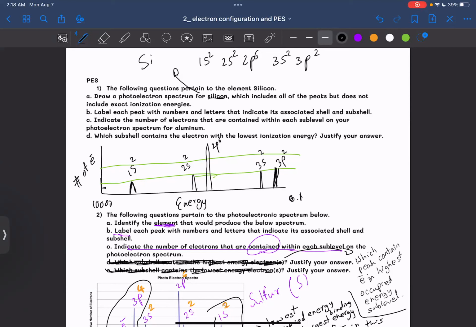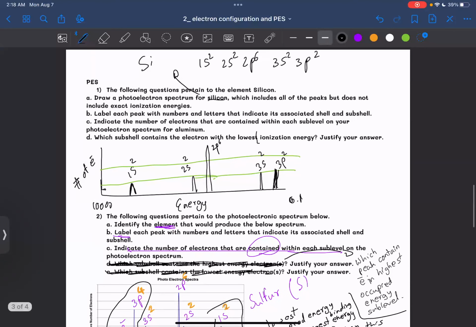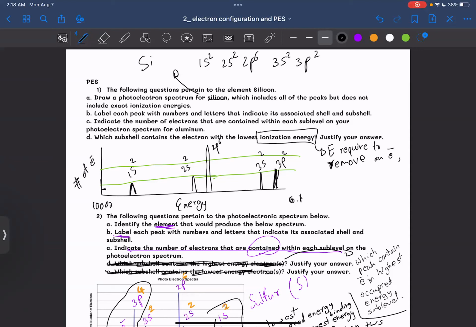Which structure contains electron with the lowest ionization energy? Lowest ionization energy. Okay, so this is a term that I haven't taught you yet. Ionization energy is energy required to remove an electron, which means this peak here, okay? The reason is because it is furthest away.